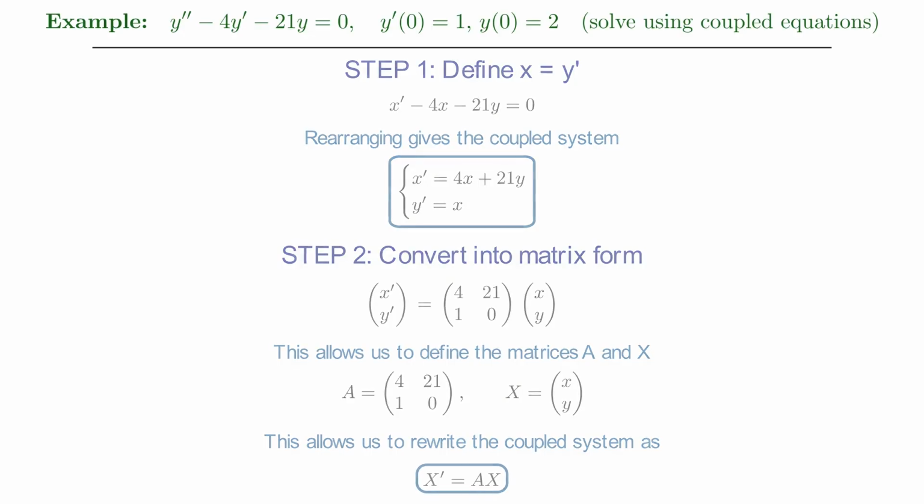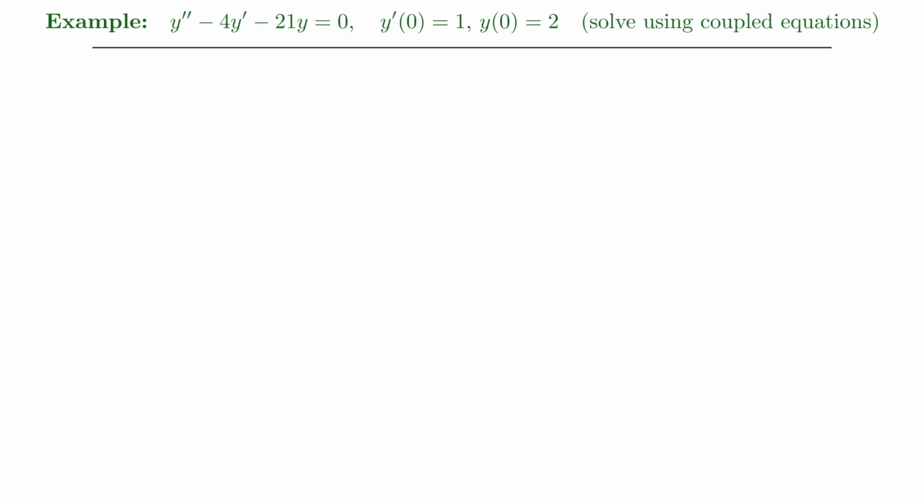Once we've written this into matrix form, the next step is to find the eigenvalues for A. So the eigenvalues are given by the equation determinant of (A - λI) = 0, where λ is our eigenvalues to be found, and I is the identity matrix.